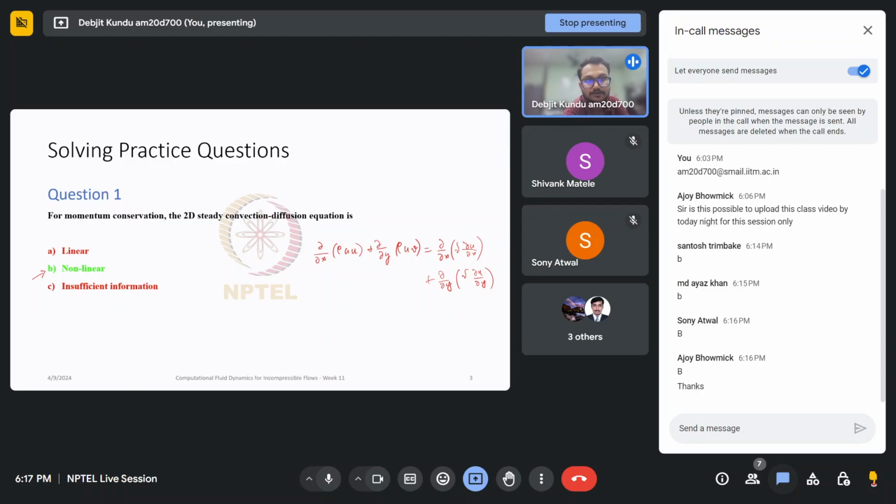If you consider the pressure difference, then a source term will be there; otherwise this is it, convection and diffusion.